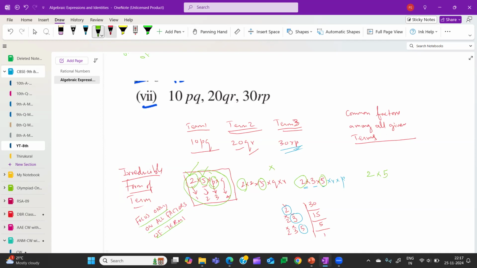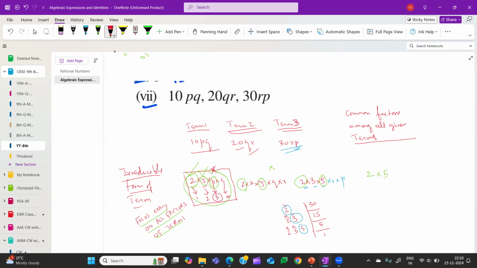So I'll just make a mark here. P is not available as a common factor in 2. So we are stopping there. But it is available in 3. So if it is not available as a common factor in any one of the terms, we need to mark it as not available in term 1's factor area. So over factor number 3, that is P, we have put a cross mark here.